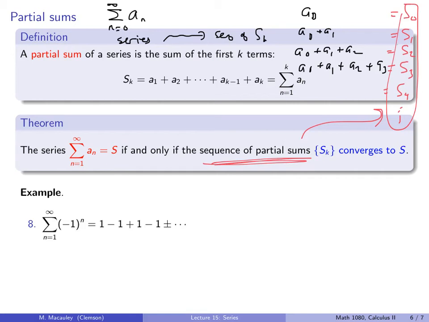And that should make sense if you think about that first example, when we had 0.33333, etc. Actually, we didn't quite do it that way, but yeah.